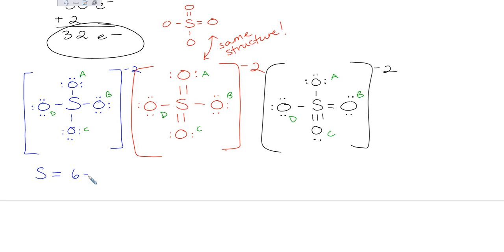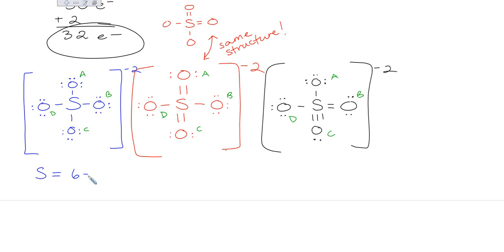We share those 2 equally between the sulfur and the oxygen. So realistically, if there are right now 8 electrons on sulfur, only 4 of them are going to belong to sulfur, in air quotes. We take the electrons shared in the bond and split them equally between the 2 atoms. So 1 electron goes to oxygen, 1 electron goes to sulfur.